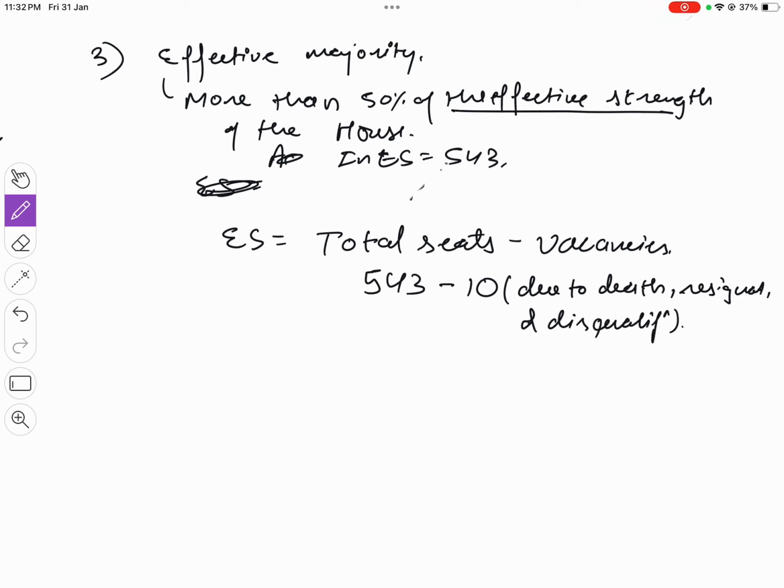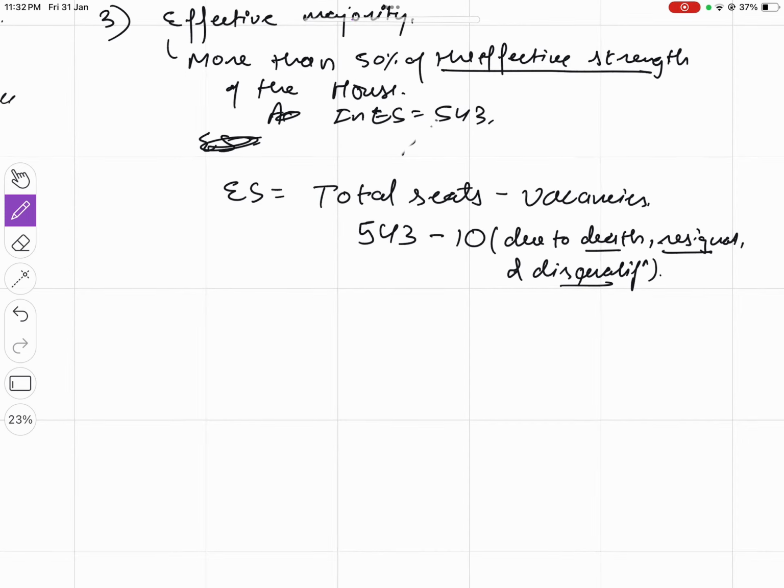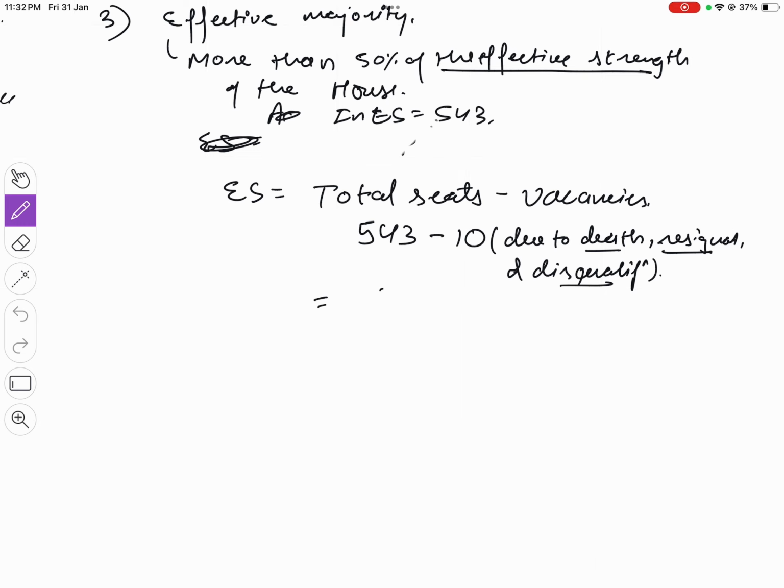Only if the vacancies are caused due to death, resignation and disqualification, then only they will count in effective majority. Means this number will get reduced from the total number of seats. So this comes to 533. Now we have effective majority as 533. It means we have reduced vacancies here.